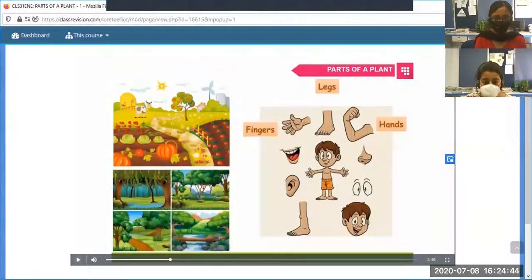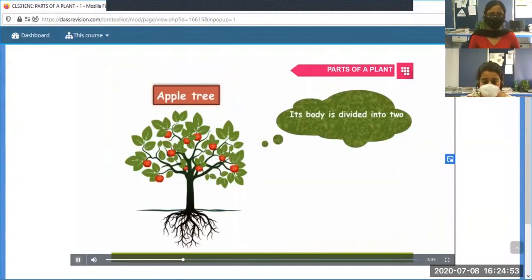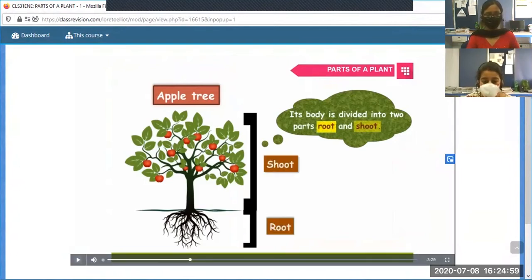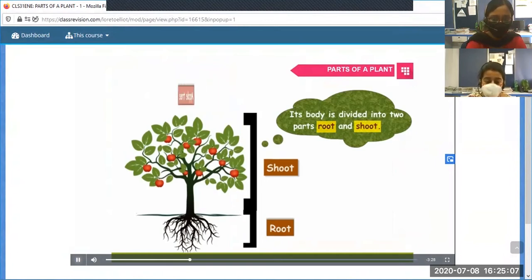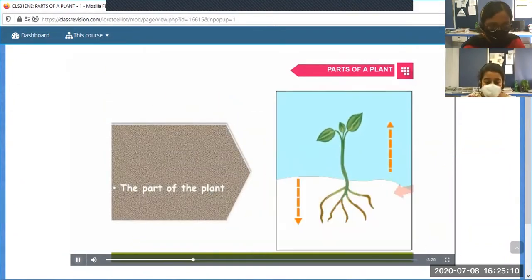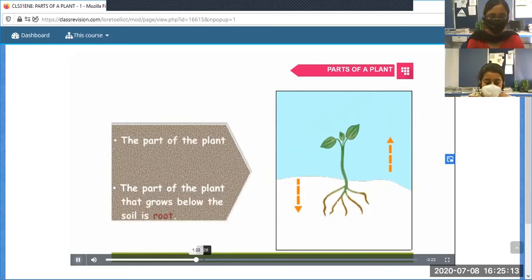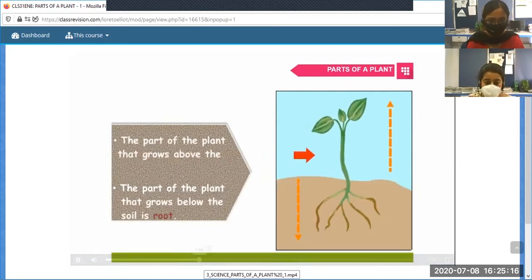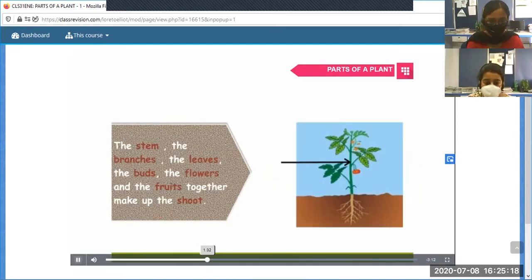Fingers, legs, hands, eyes, ears, etc. Its body is divided into two parts, root and shoot. The part which grows below the soil is the root. And the part which grows above the soil is the shoot. The branches, the leaves, the buds, the flowers and the fruits together make up the shoot.